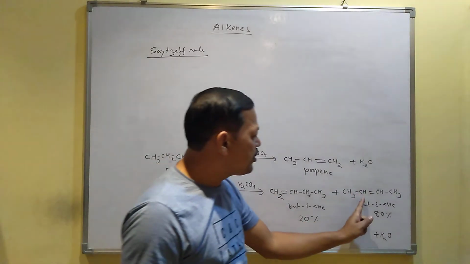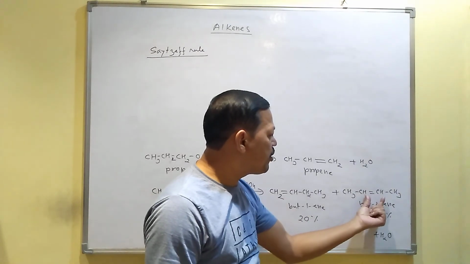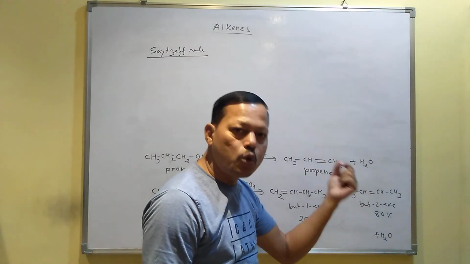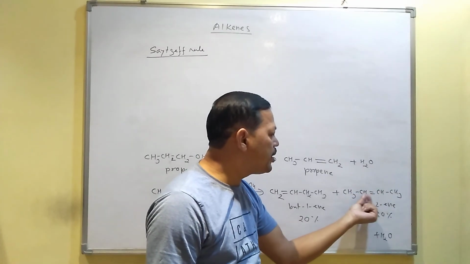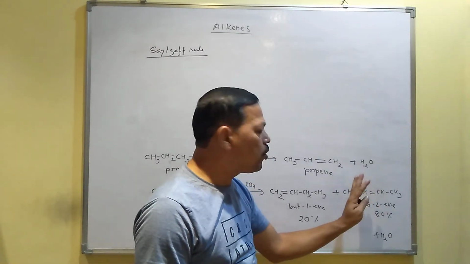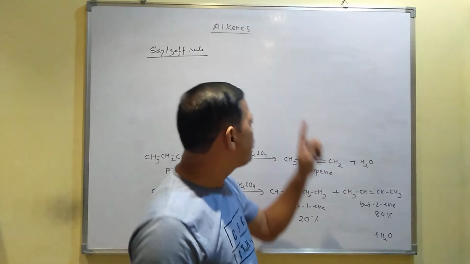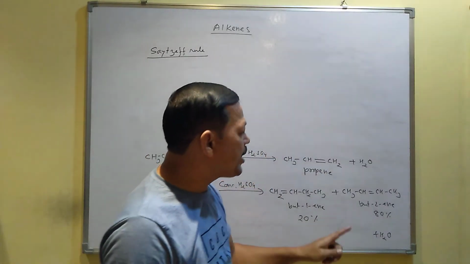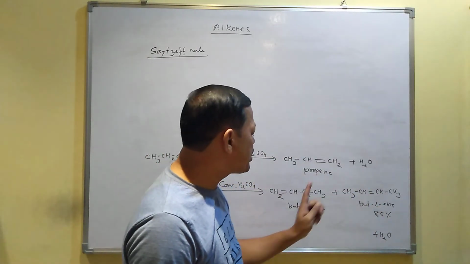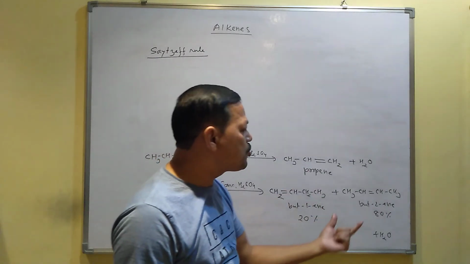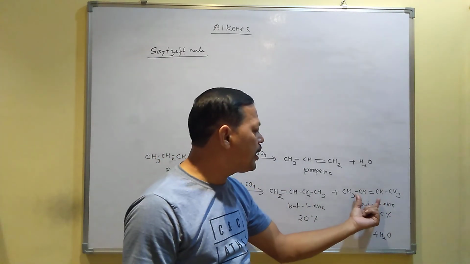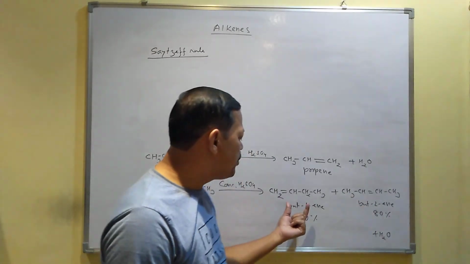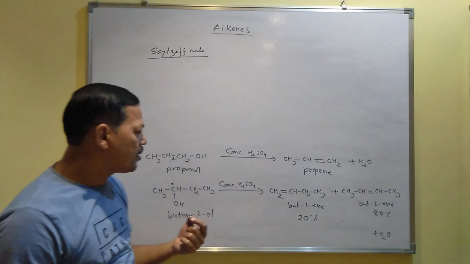And here these two are the double-bonded carbons, they contain 2 hydrogens. Those alkenes which contain fewer hydrogens on the double-bonded carbons are always more stable according to Saytzeff rule. And that is why but-2-ene is more stable than but-1-ene, and that is why in this reaction but-2-ene is the major product. I mean you will get more but-2-ene, and less of but-1-ene.